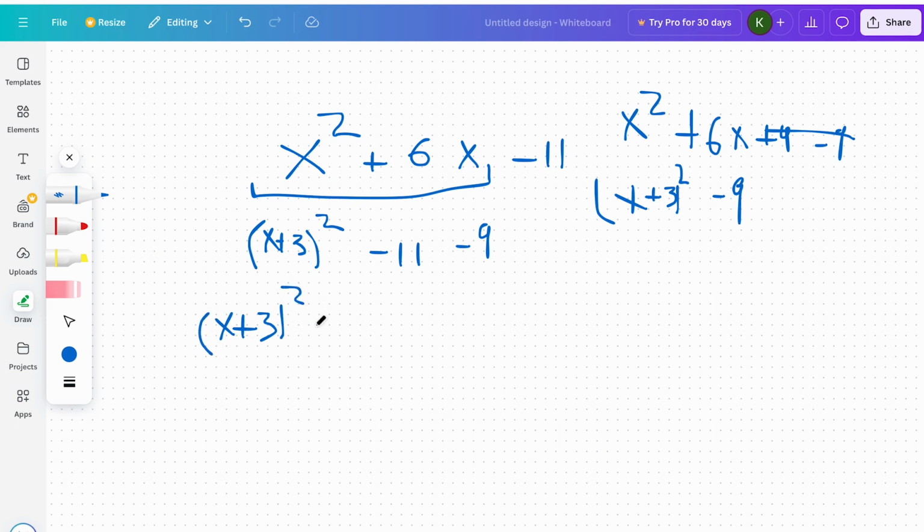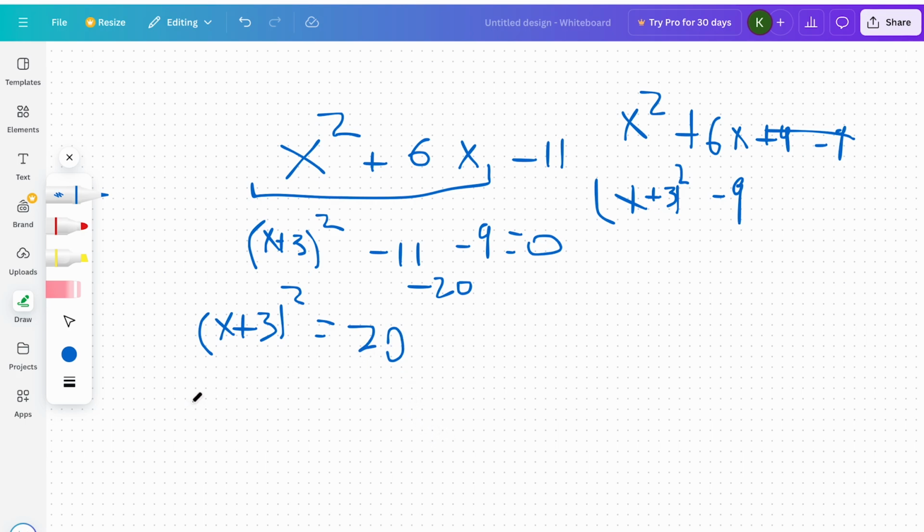X plus 3 squared minus 9 is equal to 0. Negative 11 minus 9 is equal to negative 20, and we add 20 to both sides. X plus 3 squared equals 20.